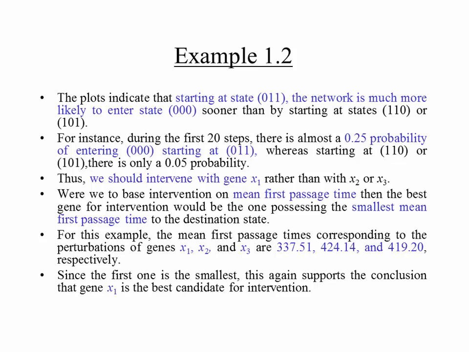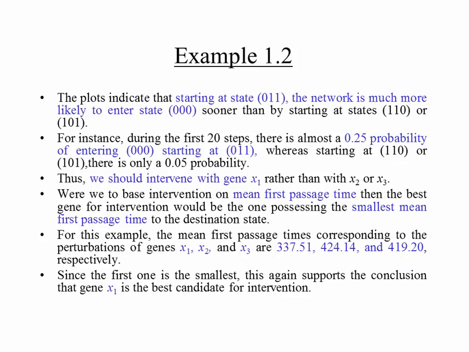Now, if you were to base intervention on mean first passage time, then the best gene for intervention would be the one which possesses the smallest mean first passage time, right? Agree? All right? And again, these are things you can calculate, okay, because in the theory of Markov chains, there are ways of calculating all this stuff. So because you have the transition probability, if you calculate that with perturbations of genes x1, x2, and x3, that means x1 means you're looking at the state 0, 1, 1, right?